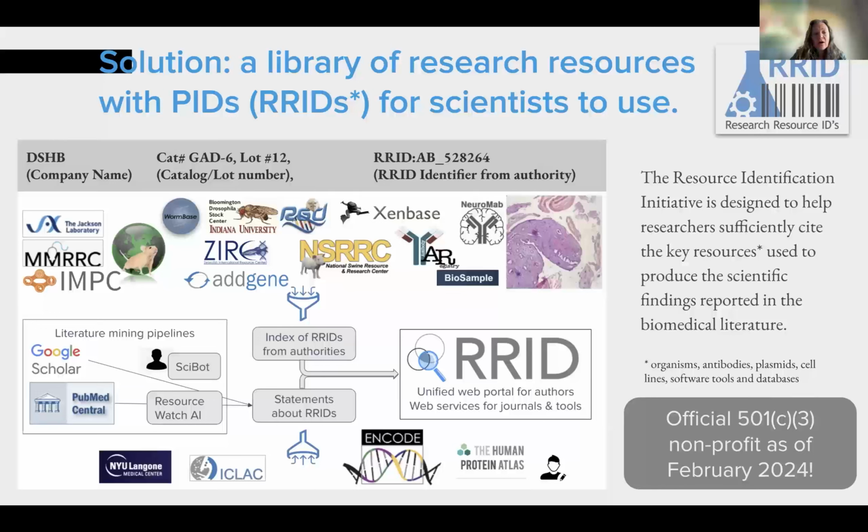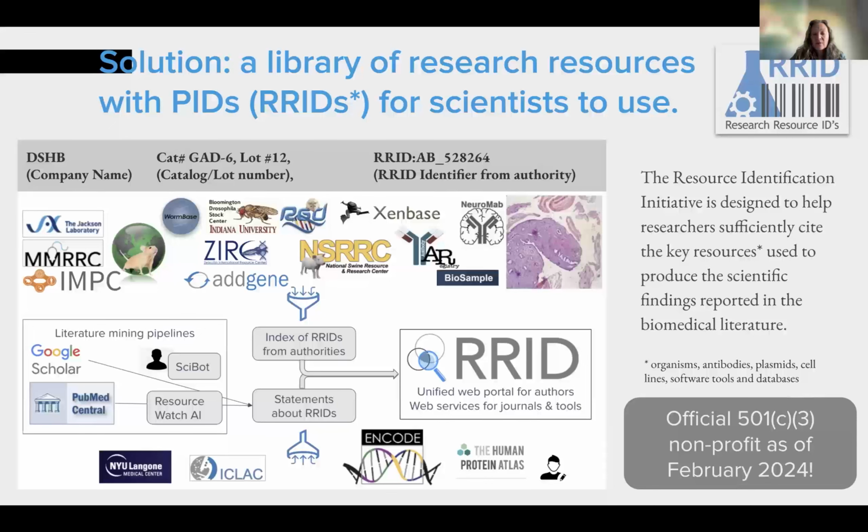Biosamples and cell lines, all of these projects, individual resource centers are actually part of a single unified web portal, the RID portal, where there's a lot of other information that gets fed both from literature mining pipelines from the RIDs that authors use themselves into these individual records, and projects such as the International Cell Line Authentication Committee and a lot of validation and verification projects.